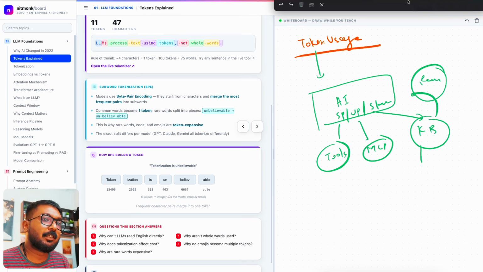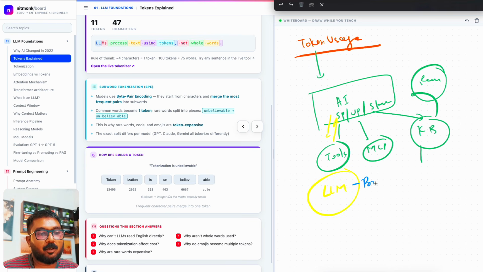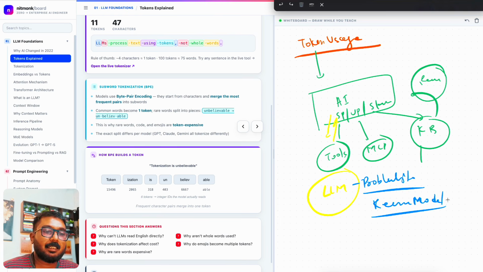everywhere it's all about token usage, because this is the only thing these LLMs understand. Because LLMs are just a probabilistic reasoning model. They take data, they take an input, and they produce an output. That's exactly what an LLM does.